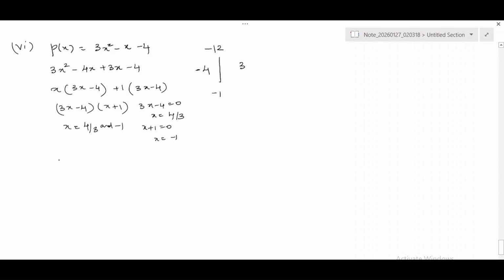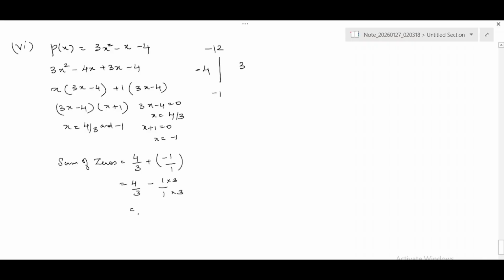Okay, so sum of zeros, 4 by 3 plus minus 1 is equal to 4 by 3 minus 1 by 1, and if we take LCM, this is into 3.